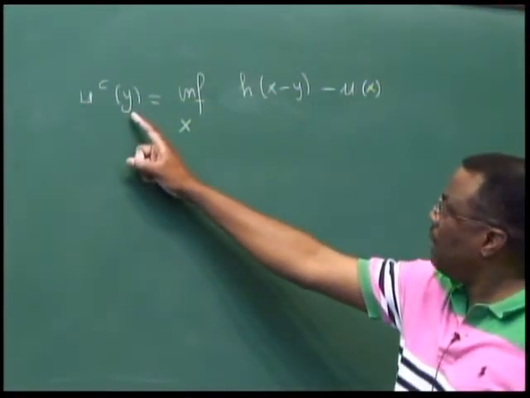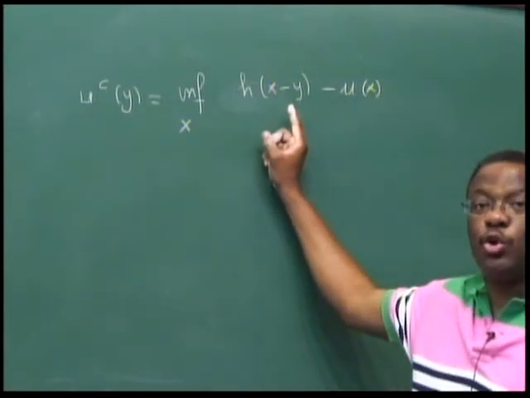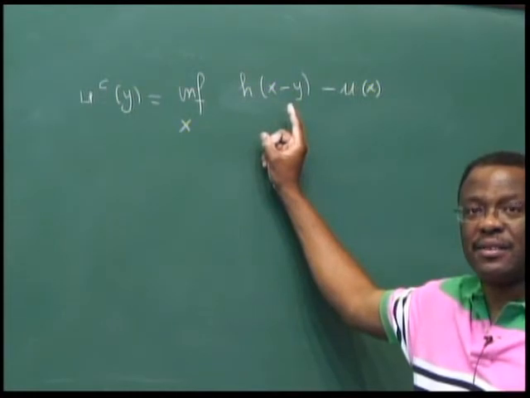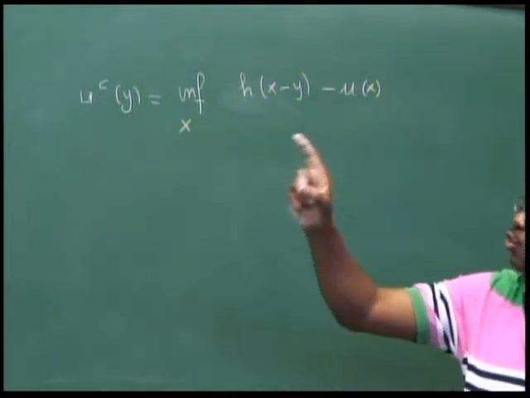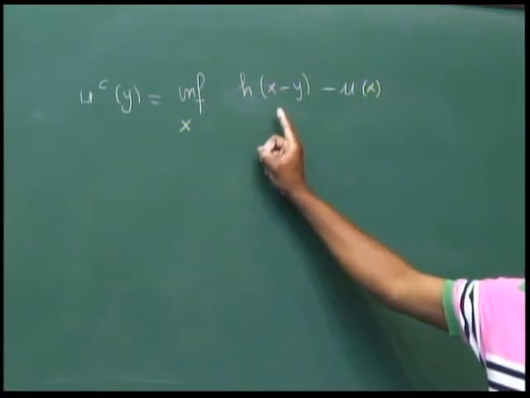So given y, I want to know if there are several choices for x, or there is only one choice for x. What I am going to state is that given y, there is a unique x which minimizes this.